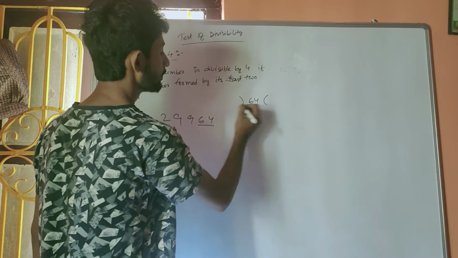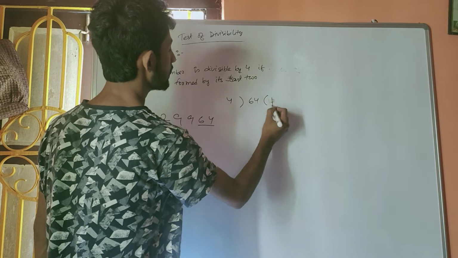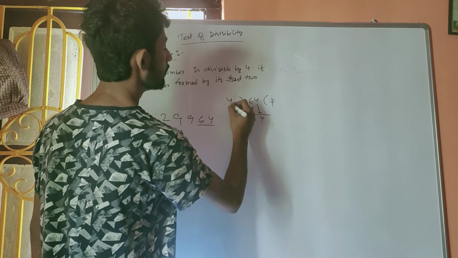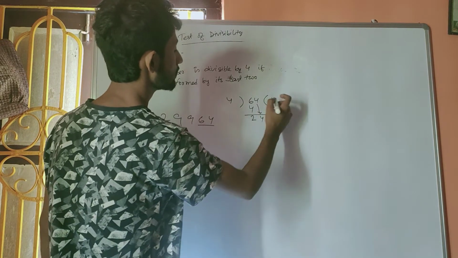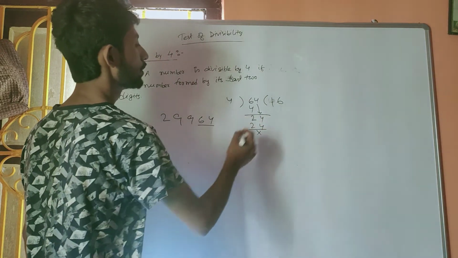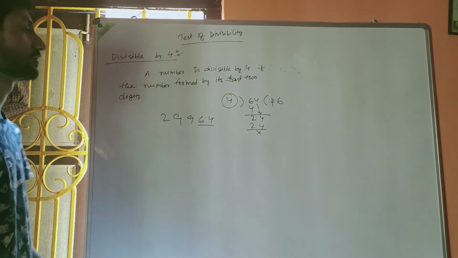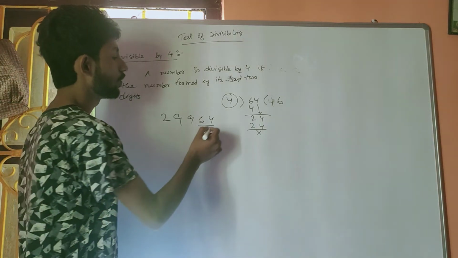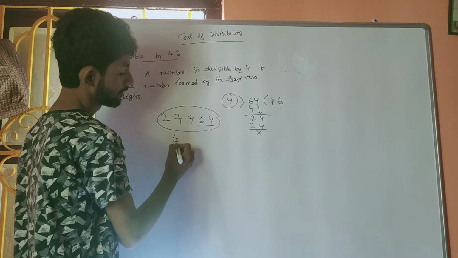First we have to check 4. 4 ones are 4, there will be 2, 4 will come down. 4 eights are 32. 4 sixes are 24. So we got that 64 is divisible by 4.